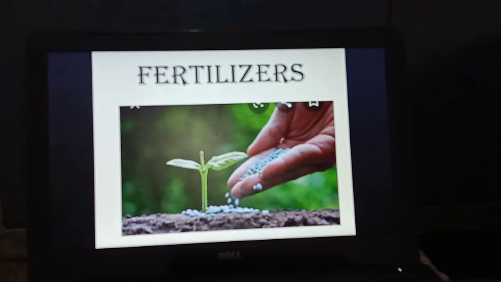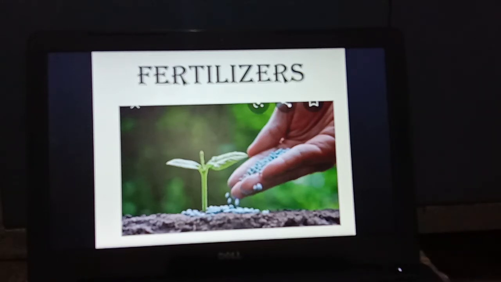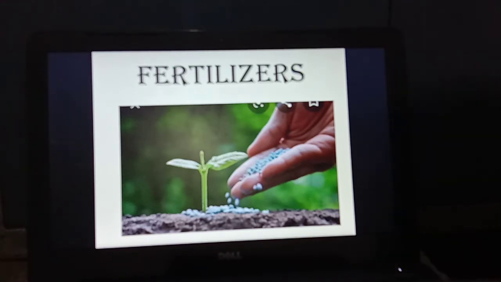Number first, excessive use of fertilizers can damage soil by making it either too acidic or too basic. Second, fertilizers have also become a source of water pollution. Excess of fertilizers get washed away by rainwater from crop fields into water bodies, harming aquatic plants and animals also. Third point, excess fertilizers also harm useful microbes in the soil.